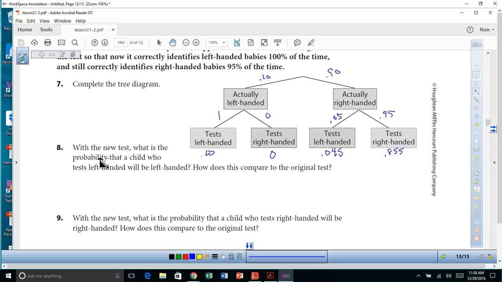With the new test, what is the probability that a child who tests left-handed will be left-handed? How does this compare to the original test?